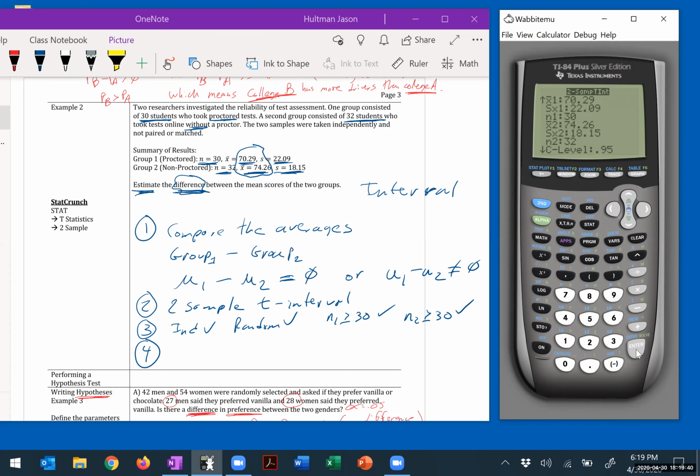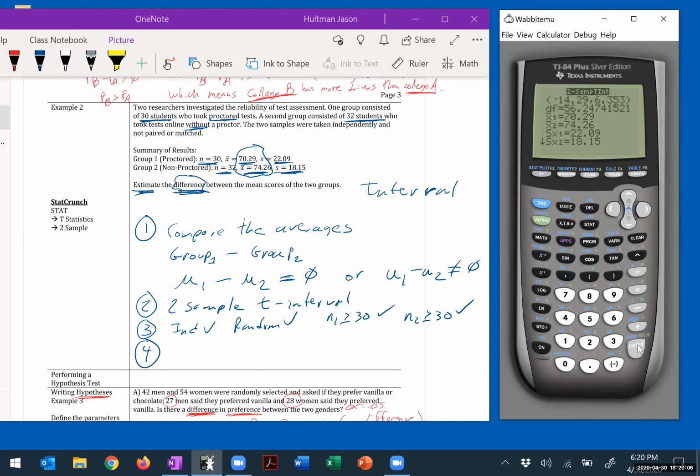What's my confidence level? Let's use a 95% confidence level. That'll be our default. Pooled, no, we do not want this pooled. Pooled would mean that it was paired data. It's not paired data, so we're not pooling our data. And we want to hit calculate.